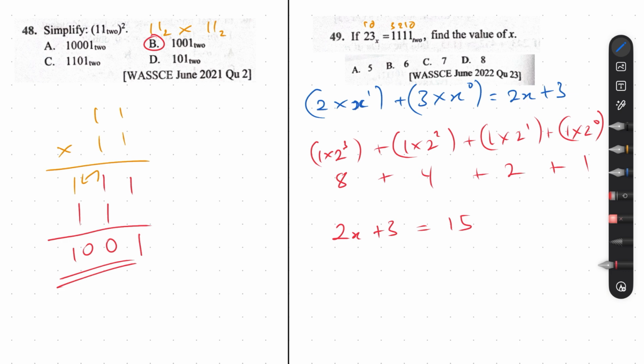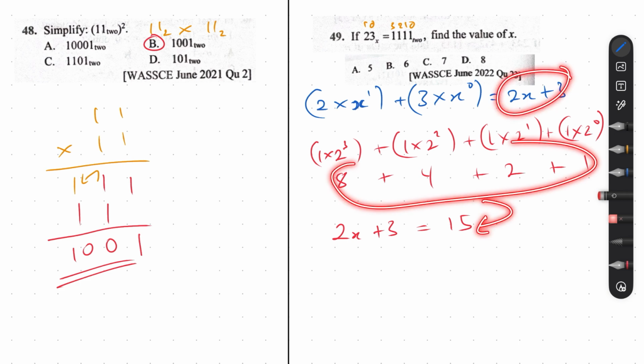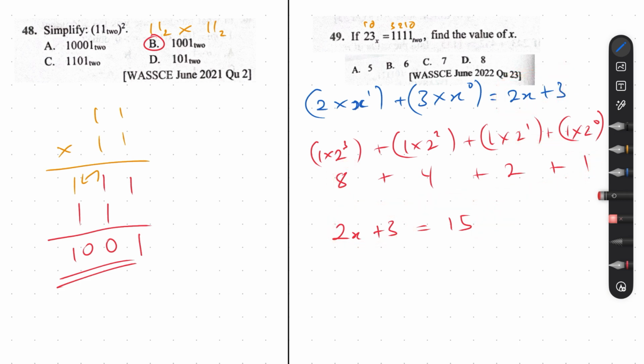Okay? Because this adds up to 15, and that is what we have here. And then 2x plus 3 is right here. Okay? So we have 2x is equal to 15 minus 3. And 2x is equal to 12. So finally, x will give us 12 over 2, 6. 2 cancels out, okay? So x is equal to 6, which is B.